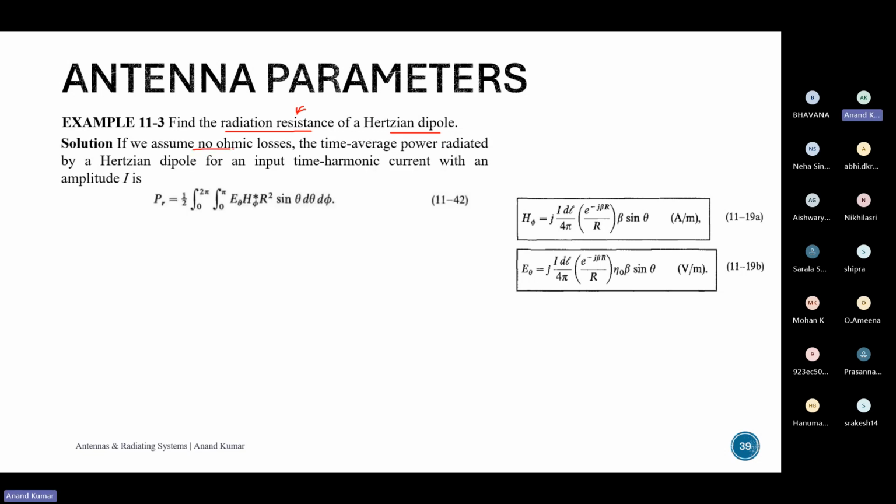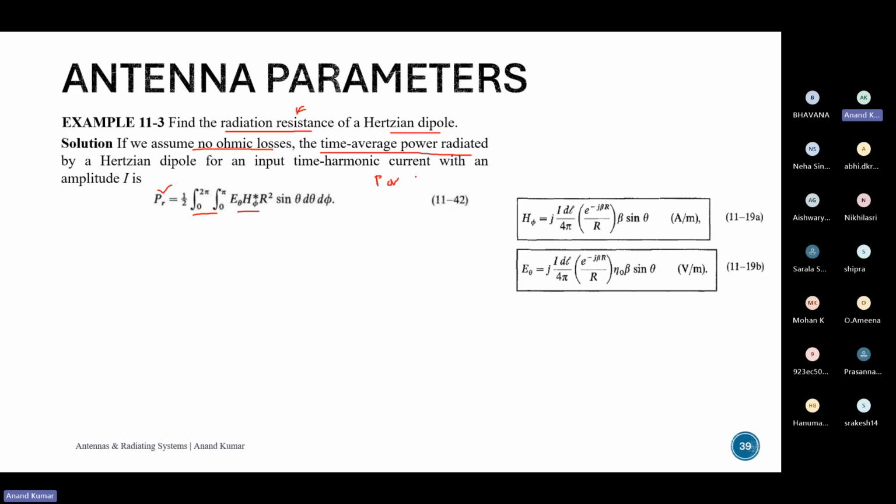So assuming there are no ohmic losses, in this case, the time average power for a Hertzian dipole is given like this. This is basically taking the average of the Poynting vector.